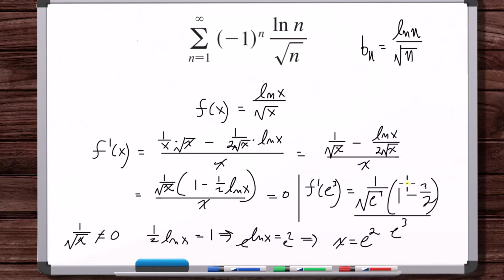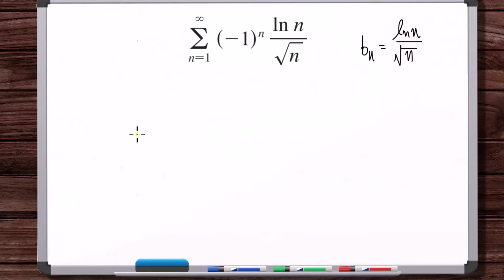So this is positive, this is positive, this is negative. There we go: the first derivative is negative when x is greater than e squared, and it's not going to change signs after that. So going all the way to infinity, the first derivative is negative. Therefore, this b sub n is decreasing as x goes to infinity.